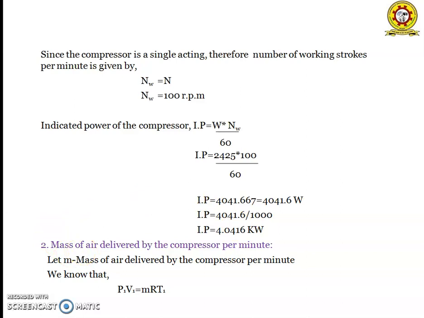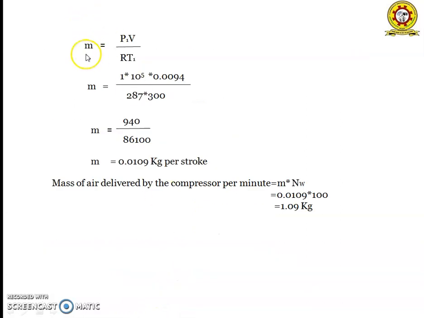So second unknown parameter is mass of air delivered by the compressor per minute. Let M is equal to mass of air delivered by the compressor per minute. We know that the single stage reciprocating air compressor follows ideal gas equation, that is PV is equal to mRT. For suction stroke, P1 V1 is equal to m R T1. From that we have to calculate the mass value m. So m is equal to P1 V1 by R T1.